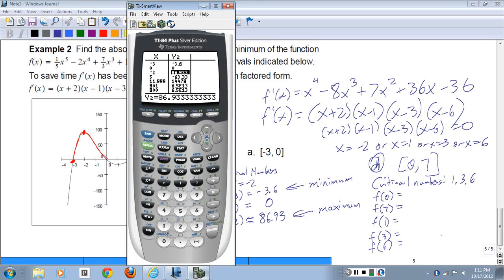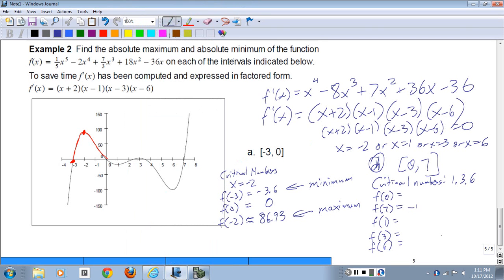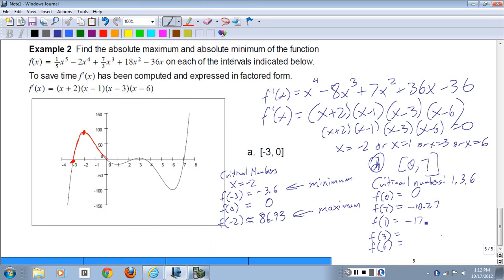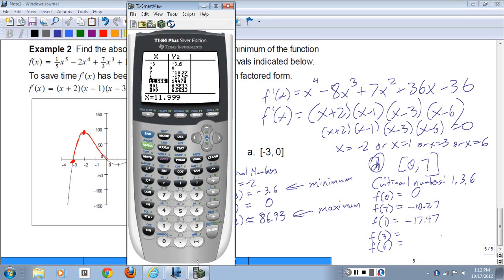So f of 0 is 0. f of 7 is what? -10.27 if we round it. f of 1, -17.47. Rounded, of course. f of 3, 3.6.